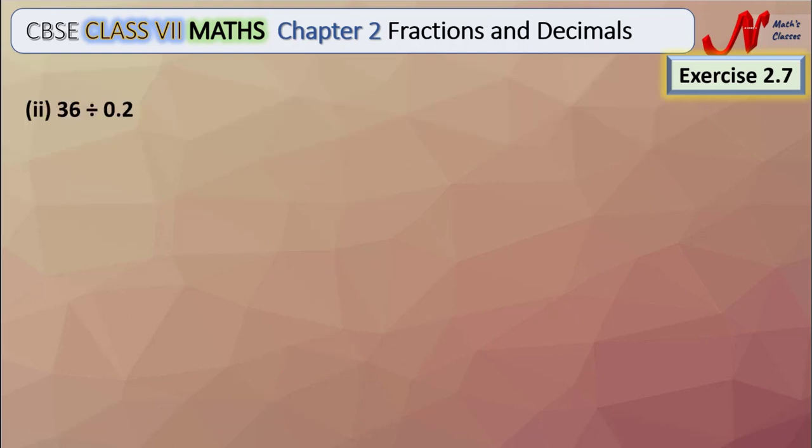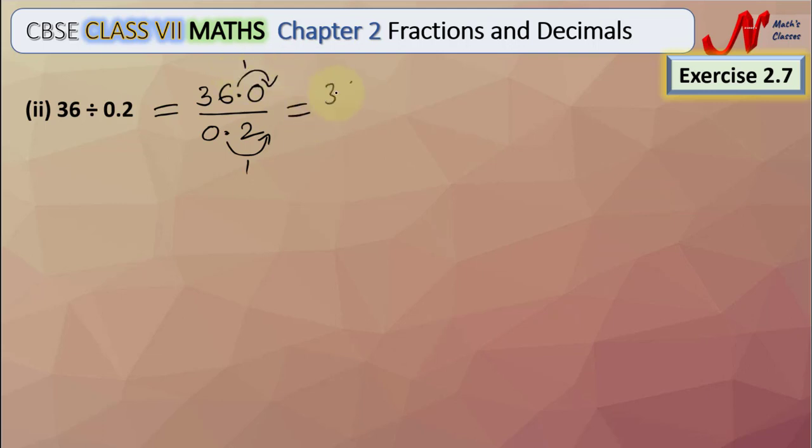Now we find the value of the second bit. It is given that 36 divided by 0.2, which can be written as 36.0 by 0.2. To find the value, we shift the decimal point to the right side by one place and we shift the decimal point one place to the right side.